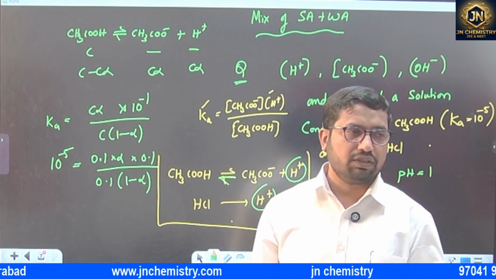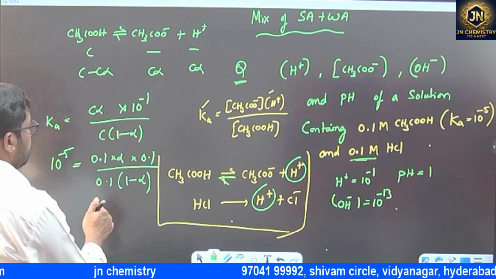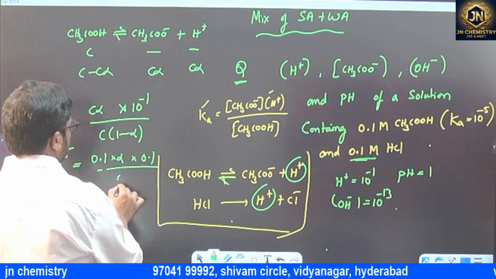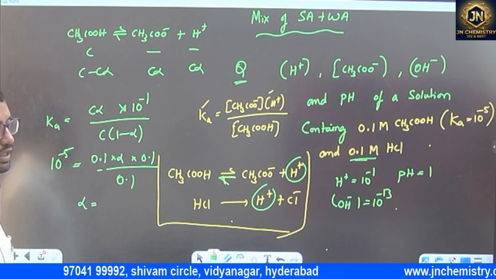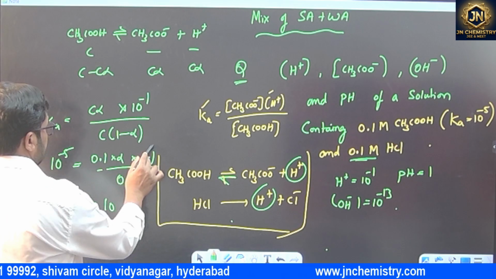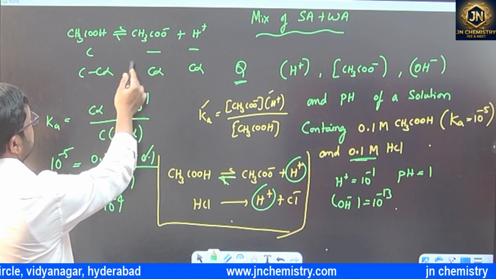Once we know the alpha, then C alpha value we will get, 0.1 into alpha. So here we can directly take this as total CH3COOH, 0.1. So alpha value from this we will get 10 to the power of -4. This gets cancelled, 10 to the power of -4. So CH3COOH and C alpha.